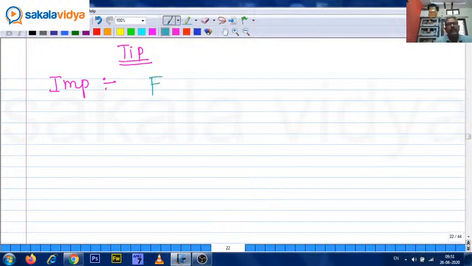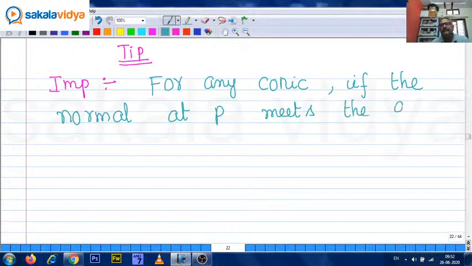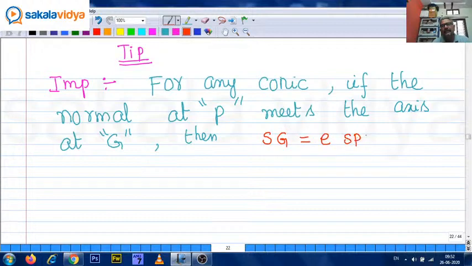For any conic, if the normal at P meets the axis at G, then you remember this one: SG equals e times SP, where S is the focus.